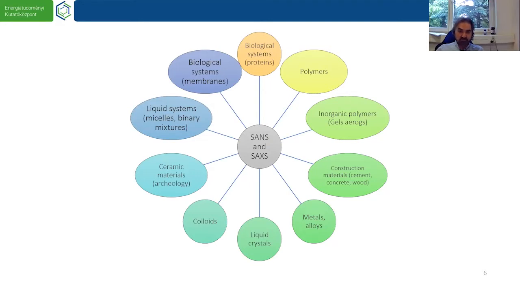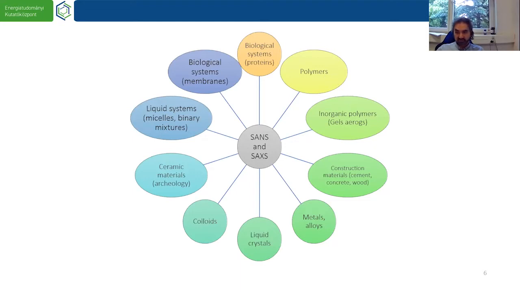Here in the center I wrote SANS and SAXS because both these methods are sensitive to all these types of systems. Then polymers are long molecules.